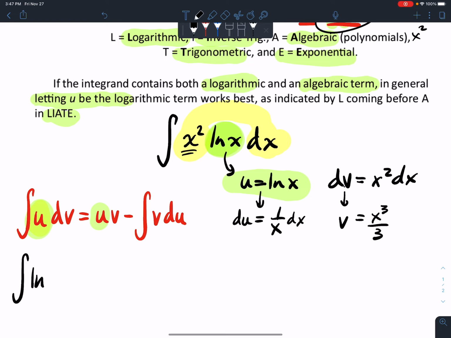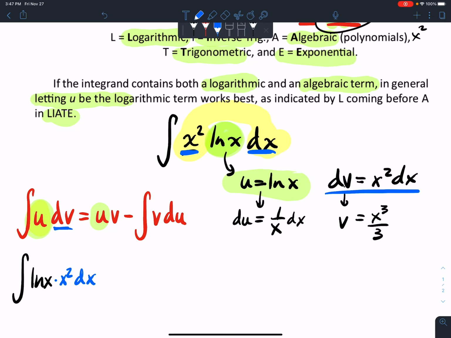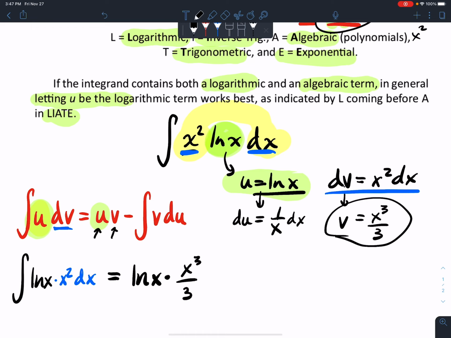And my dv is x squared dx, so this is x squared dx. So this and this are the same things. And then this is equal to u times v. What is u? U is ln x, times v. What is v? This is x cubed over 3.